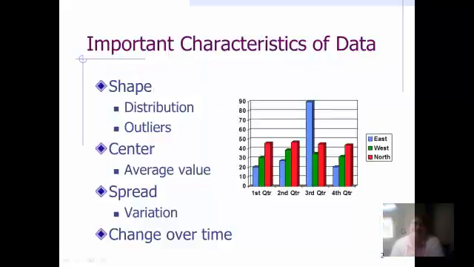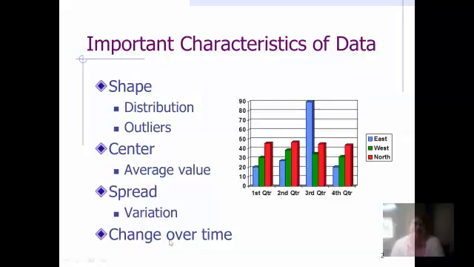So when we look at the data, we want to see them, and we're going to concentrate on shape, center, and spread. And to that, we're going to add change over time. Now, in your textbook, they talk about center, they talk about variation and distribution. The spread is the variation, and the distribution is the shape, as well as outliers that add to our shape.